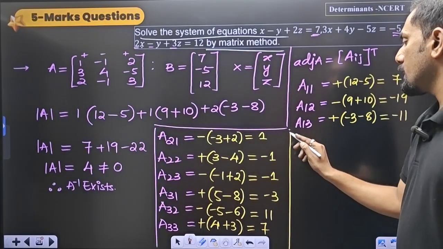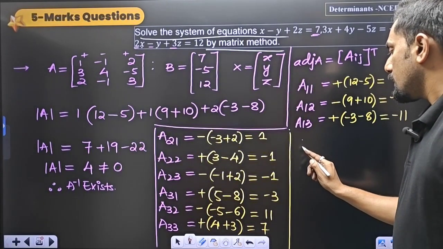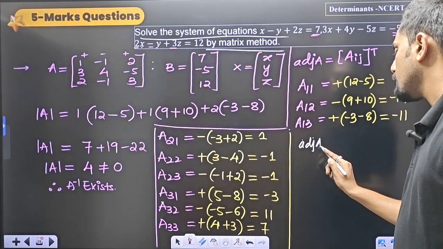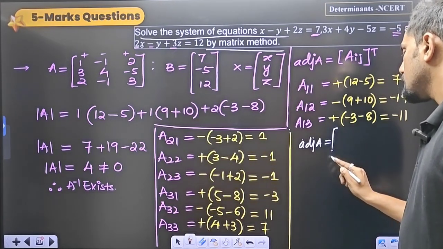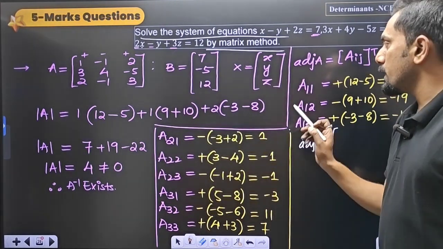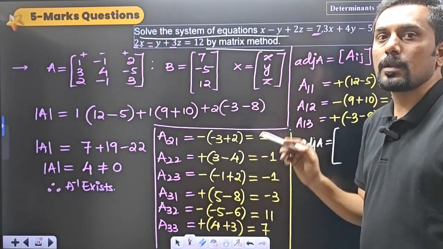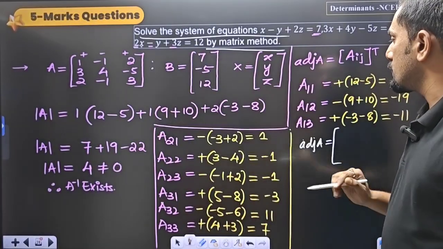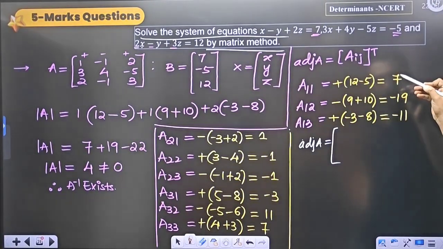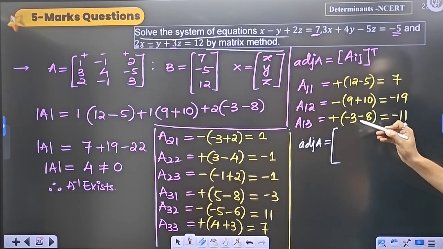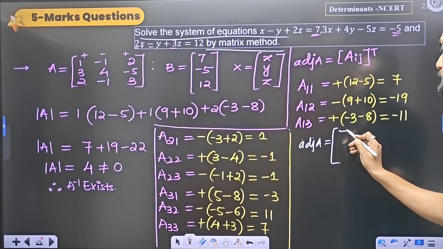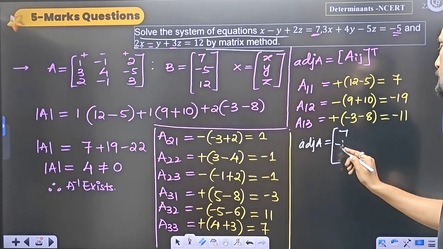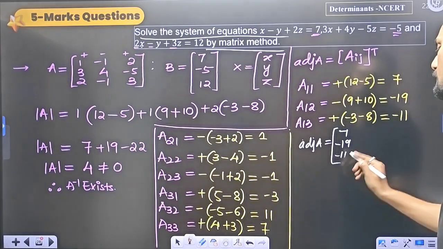Then coming to the last step, adjoint will be what? Adjoint is equal to the transpose of the cofactor matrix. That means the first row of cofactors, we must write in the first column. The first row cofactors are these 3. We must write them in a column the way you write it. 7, minus 19, minus 11.